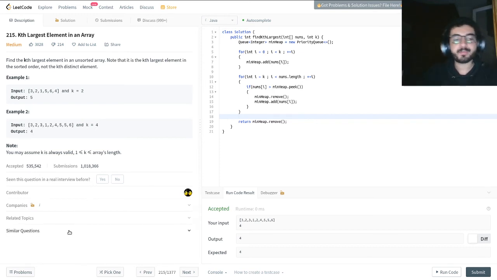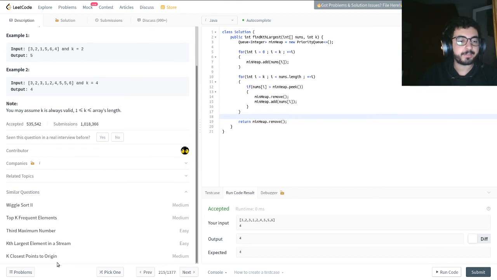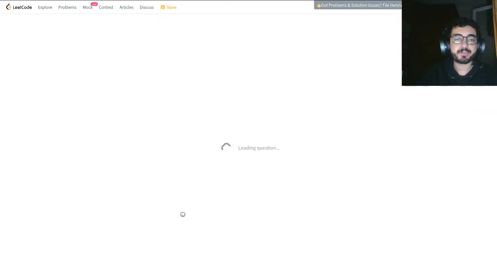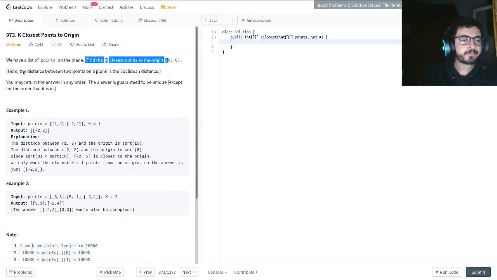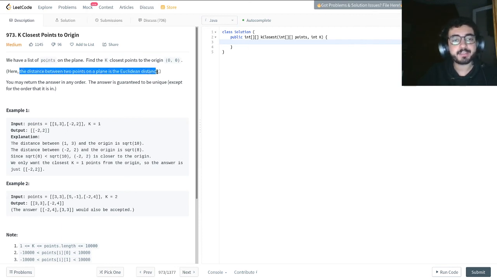So let's prove that. Let's go to a similar question: K closest points to origin. Well, I haven't solved that one before, so let's explore it together. We have a list of points on the plane. Find the K closest points to origin, 0 and 0. Here the distance between the 2 points on a plane is the Euclidean distance.